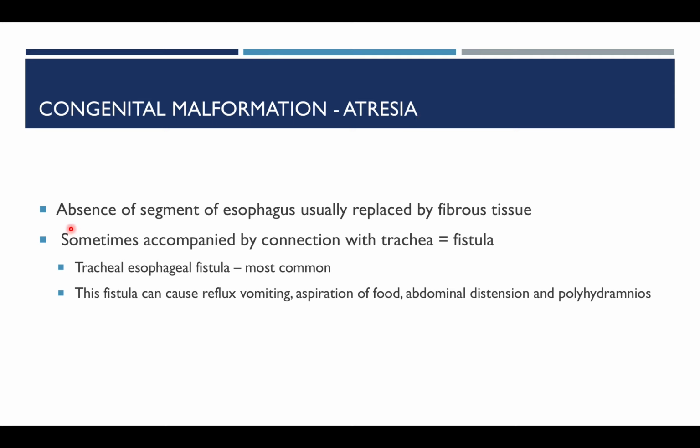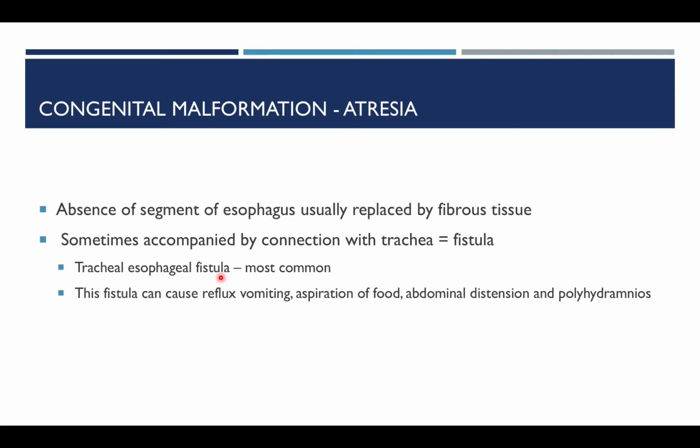Atresia is the absence of a segment of esophagus, which is usually replaced by fibrous tissue. Sometimes it is accompanied by a connection with the trachea. So basically, it can form a fistula. And the most common fistula is a tracheoesophageal fistula. And this fistula can cause a variety of symptoms.